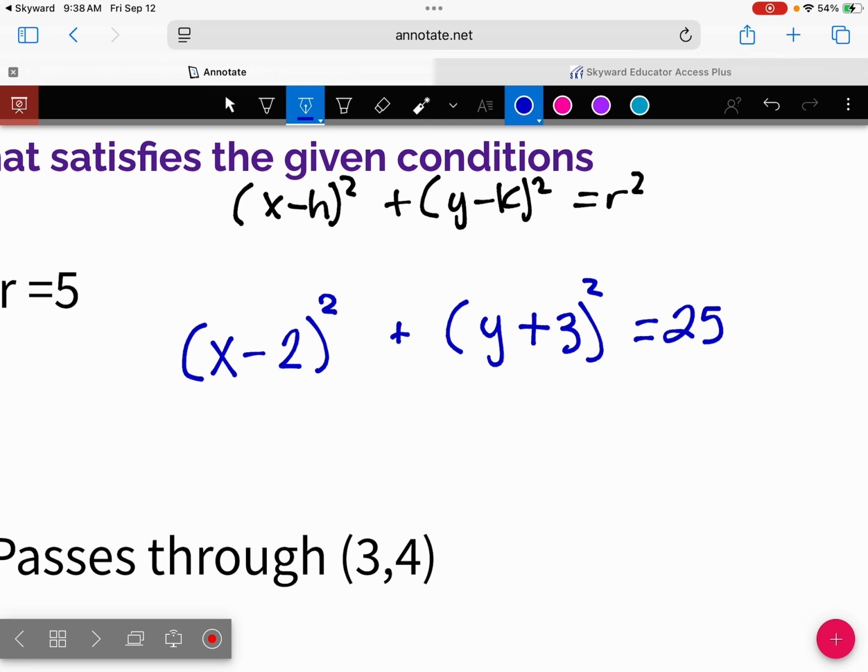Yay, so the distance formula is making a comeback.